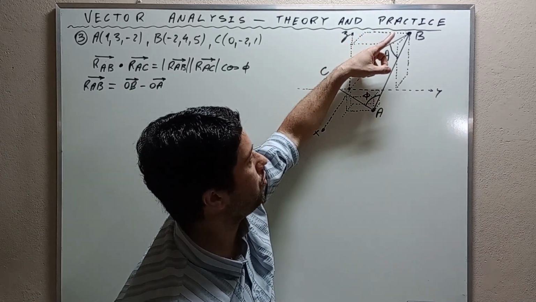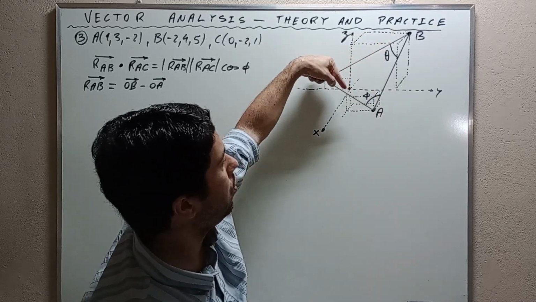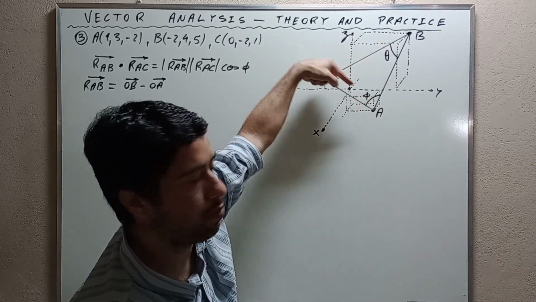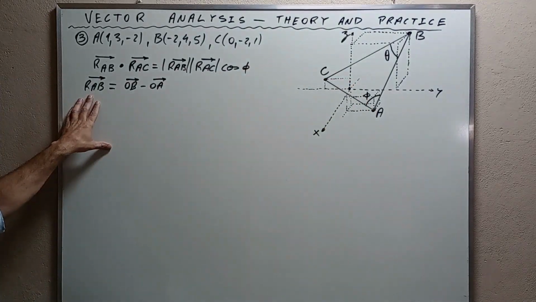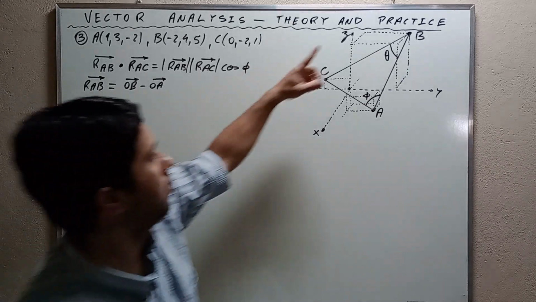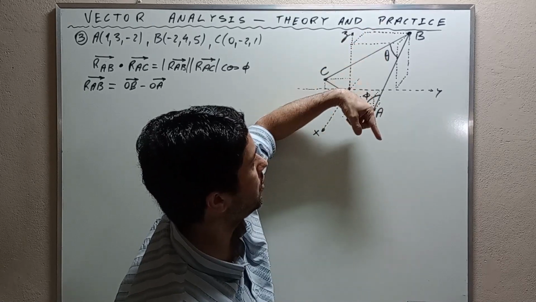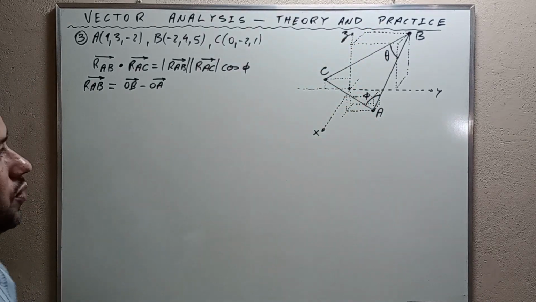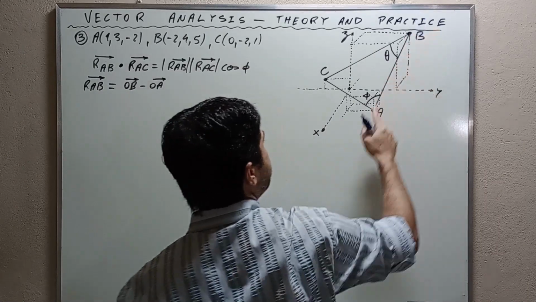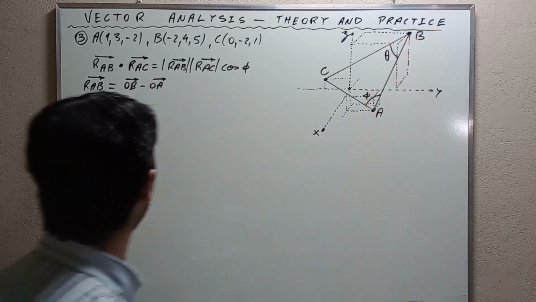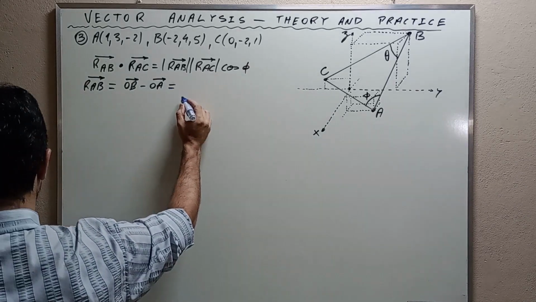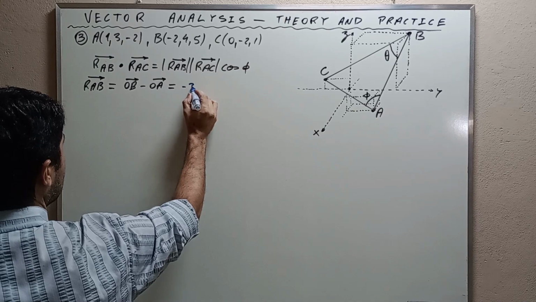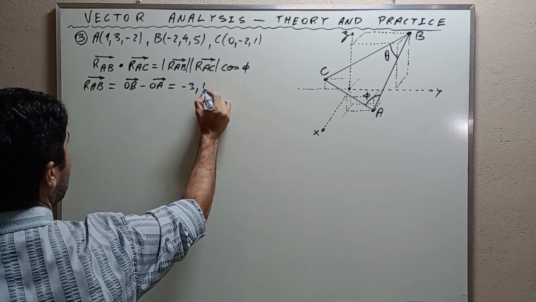It goes from the origin to the point. Vector OA also positions the point from the origin to the point. Vector RAB is obtained from the subtraction of this minus this, okay? And it produces this vector here, which is -3, 1, and 7.